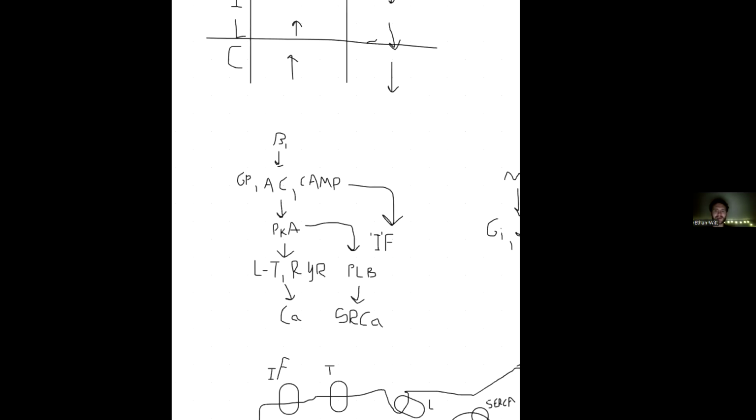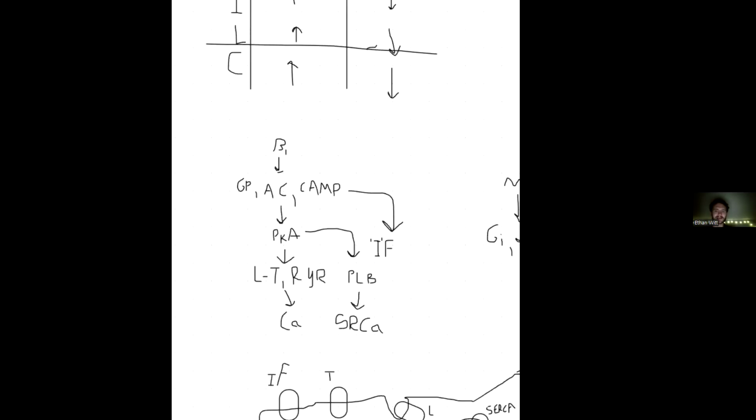Needless to say, both of these channels being activated result in higher intracellular calcium levels. We're going to get more positive charges built up inside of the cell, as you might recall from previous lessons.